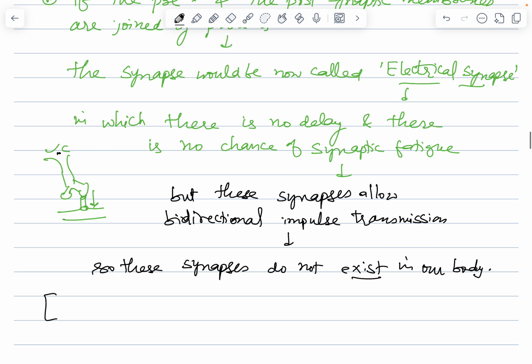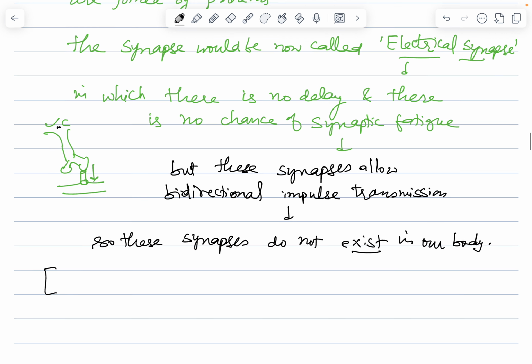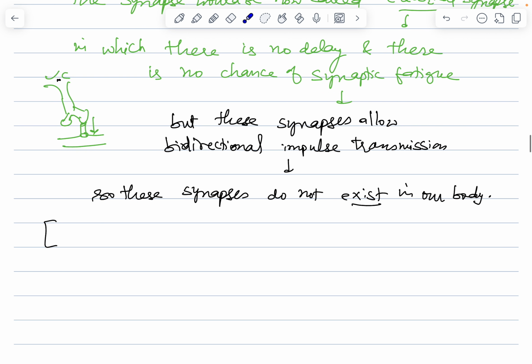We have studied cardiac muscles. Cardiac muscle fibers are connected to each other by intercalated discs. Those intercalated discs are proteins that allow the action potential of the pacemaker to travel from one cardiac fiber to the next fiber in both directions. If this is your heart wall, here's the pacemaker, currents can come down in this direction.